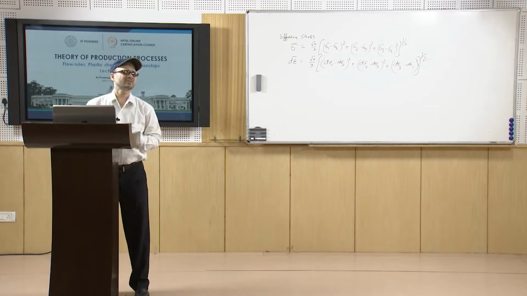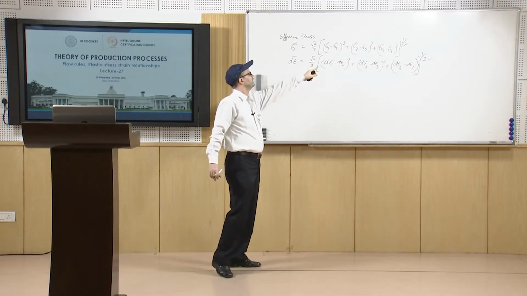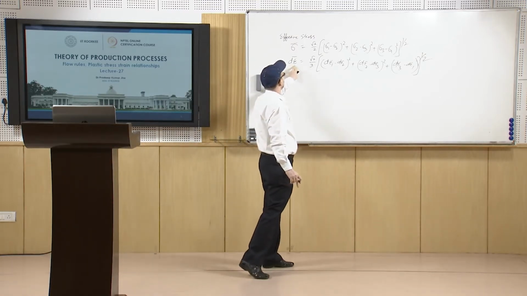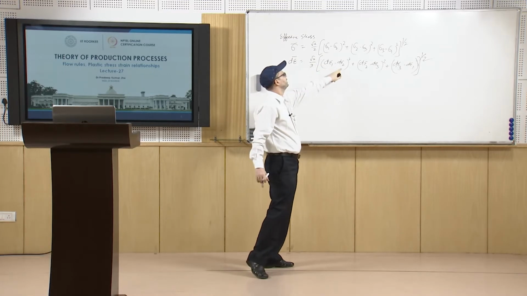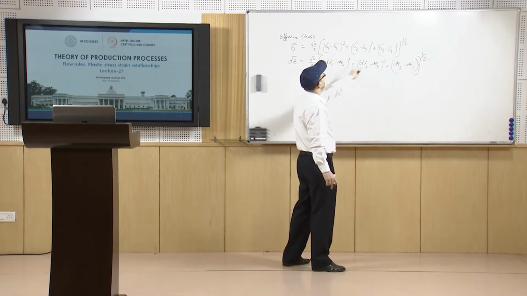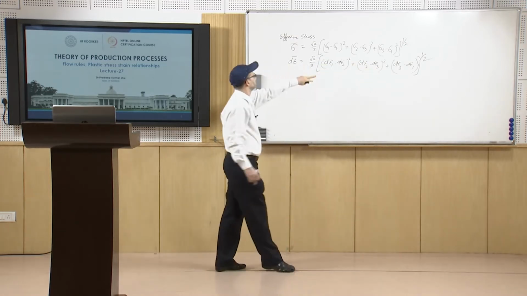Now, many a times we also define d epsilon bar. If you take root 2 by 3 out, d epsilon bar will be taken as, if you expand d epsilon 1 square, then this will be 2 times d epsilon 1, so this root 2 comes out.